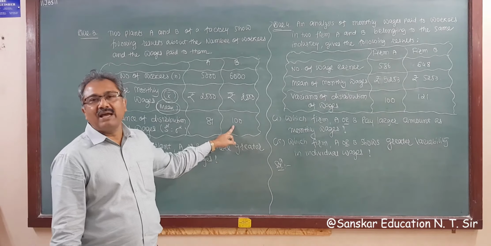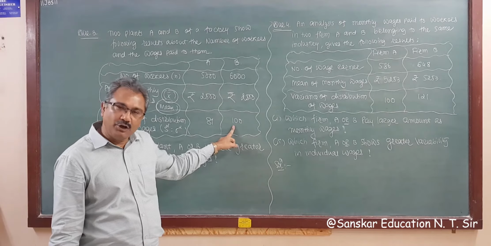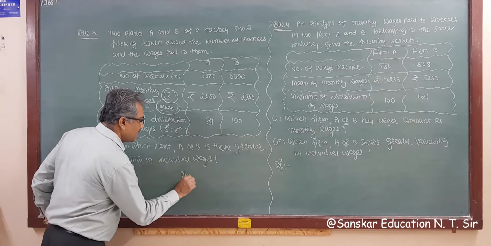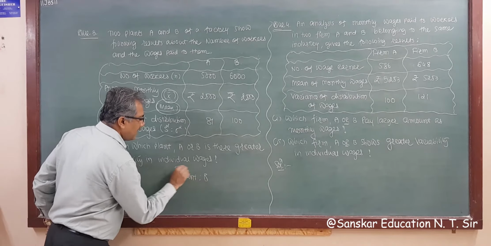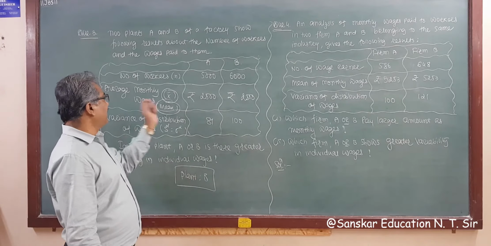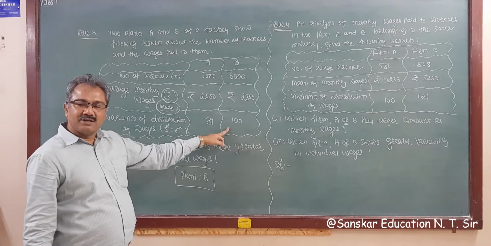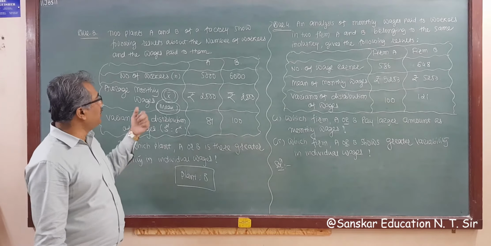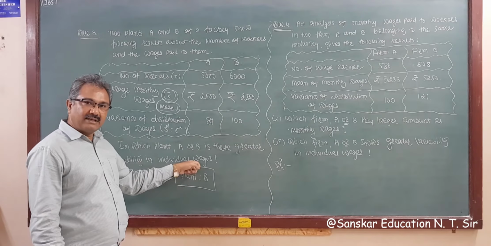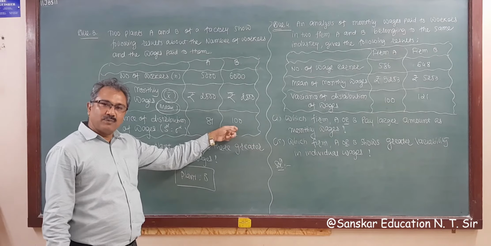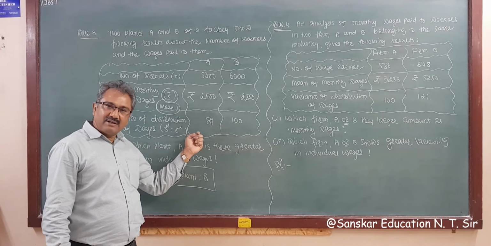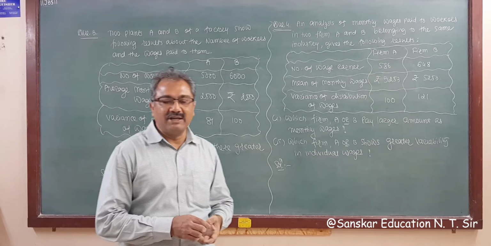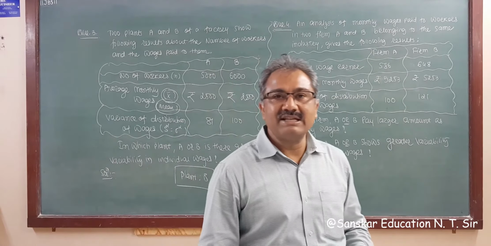Our answer is plant B, because its variance or standard deviation is greater. So plant B has greater variability in individual wages.